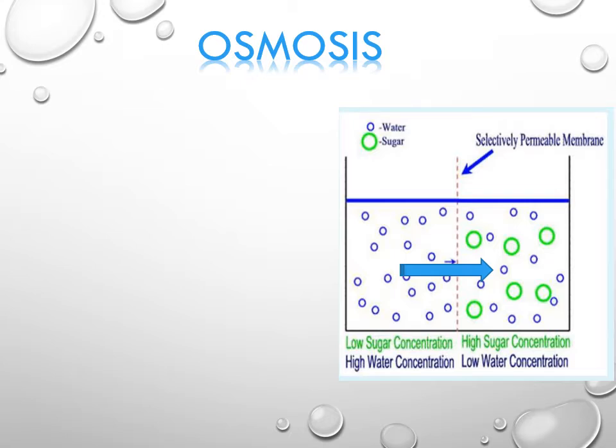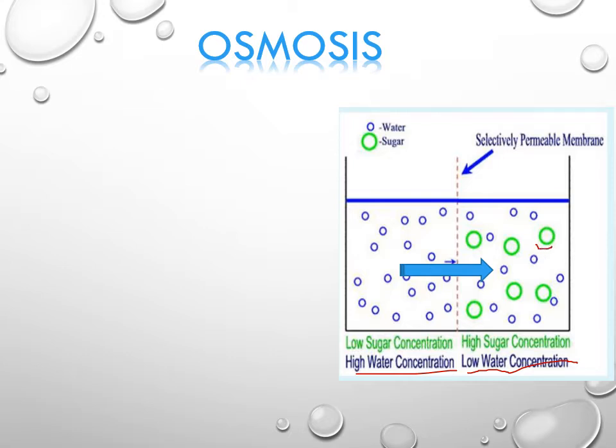Now before we go to osmotic pressure, first let's understand what is osmosis. Now if you see the diagram over here, you can see that a beaker is taken with 2 compartments. On one side, on the left hand side, you have water, that is pure solvent, and on the right hand side you have a solution which contains lower concentration of water, because it has solutes.